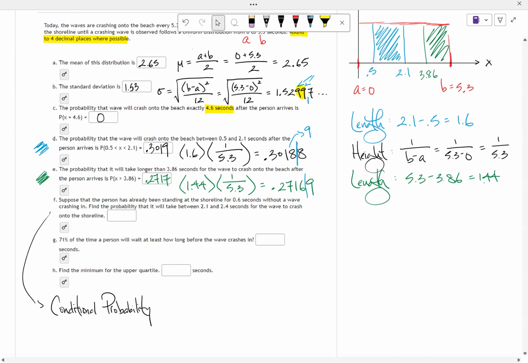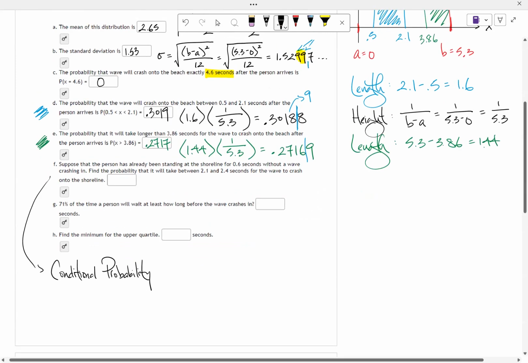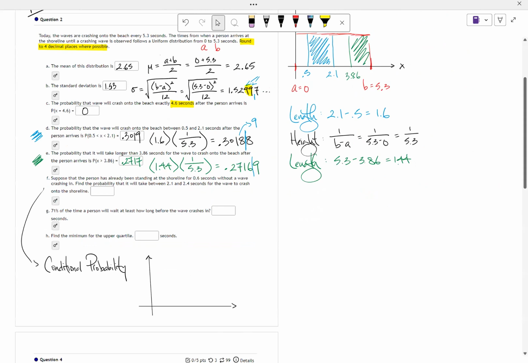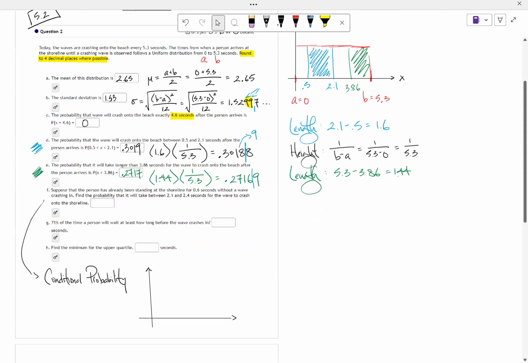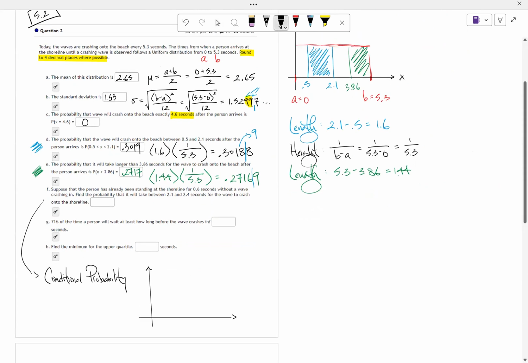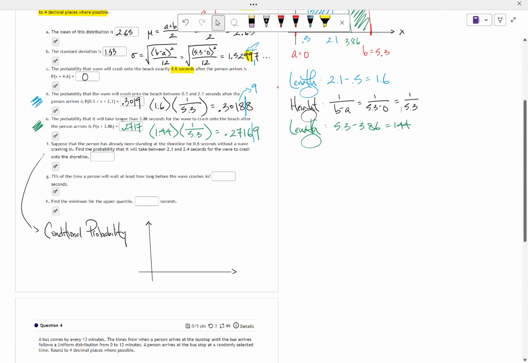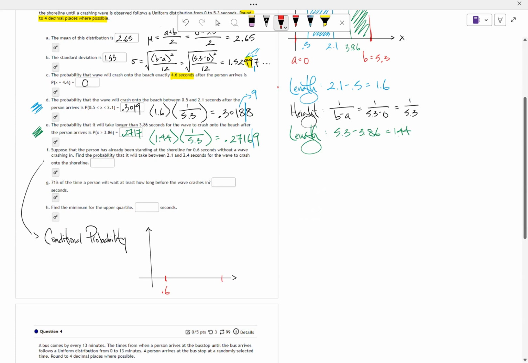Okay. And so what we need to do in a case like this is redraw our rectangle. Instead of having the rectangle start at 0 and go to 5.3, like I did in the beginning, my rectangle is now going to start at 0.6 and go to 5.3. That 0.6 is because I'm waiting 0.6 seconds.